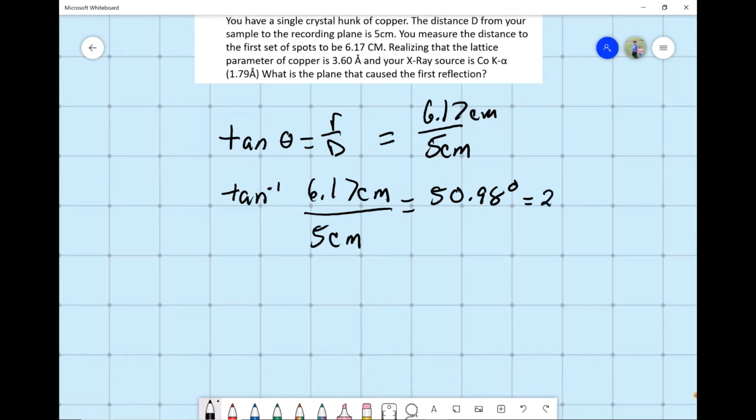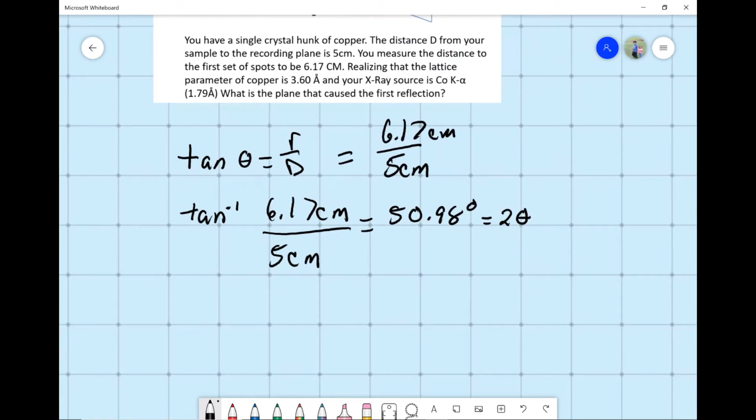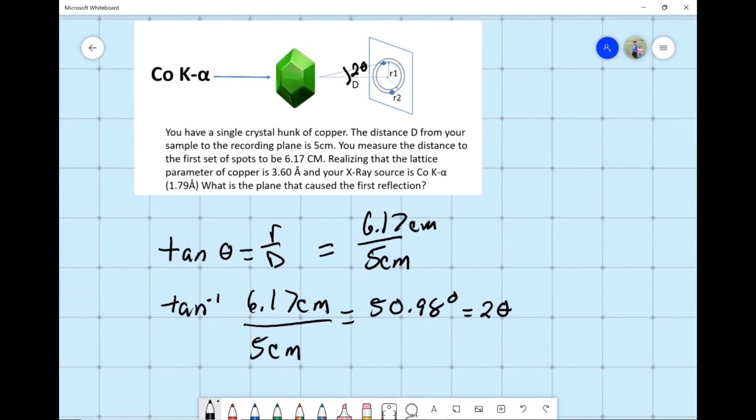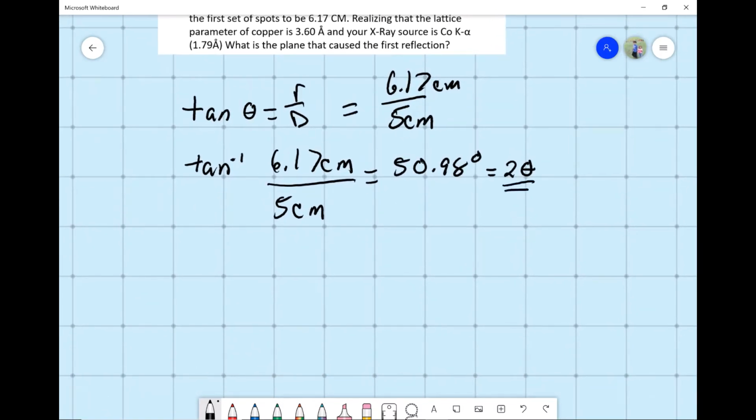It actually equals 2 theta. I don't want to confuse anybody, but if you remember, this is actually 2 theta. When we do the math, we're solving for theta, but we have to remember in our heads that by convention, it's actually 2 theta.